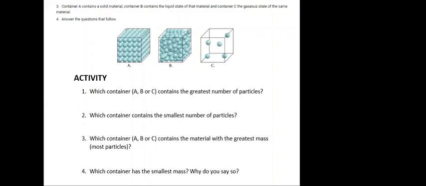Okay, Quentin says there's more spaces available between particles in C. Well done. And the next one is that the particles roam freely and there's less particles than the other containers. Well done, guys. So that is the end of our lesson, and I hope you guys learned.